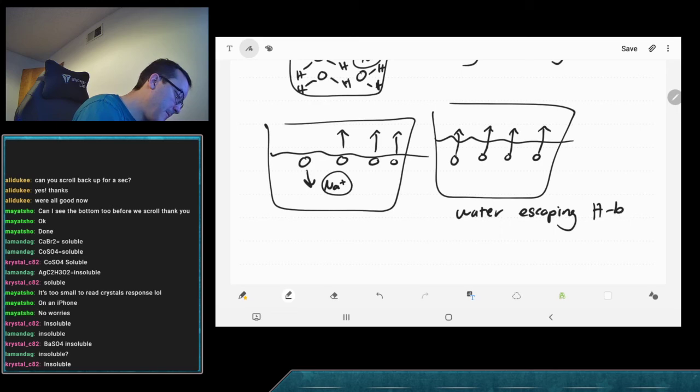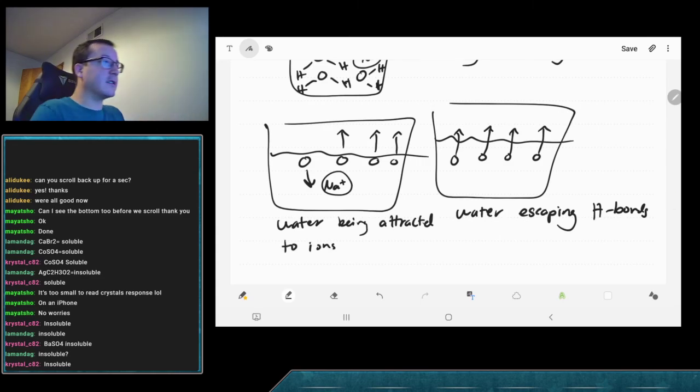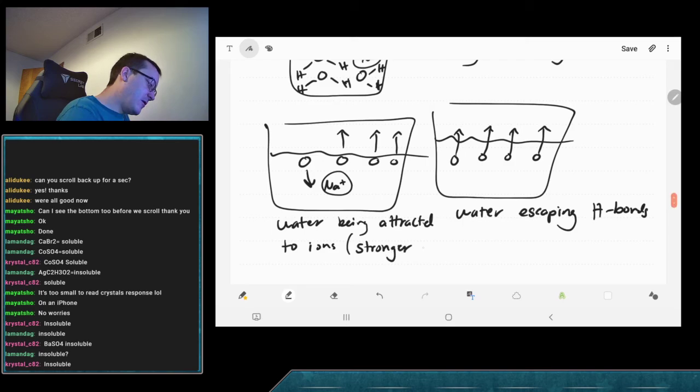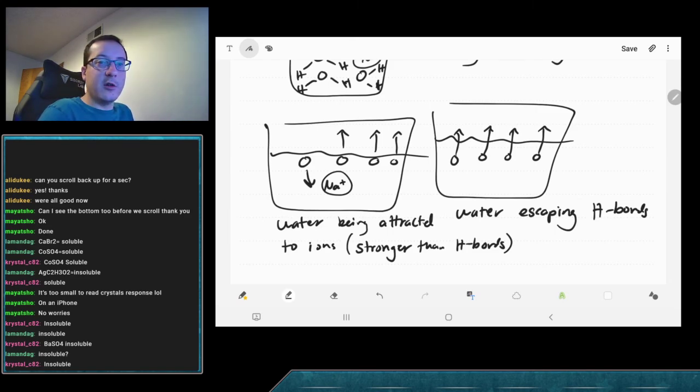hydrogen bonds. And this is water being attracted to ions that are dissolved in there. So remember that ion dipole forces, which are stronger than hydrogen bonds, are going to be what keeps your water kind of together a little bit longer.